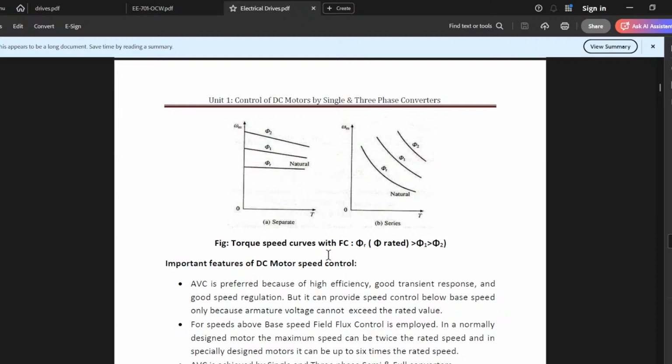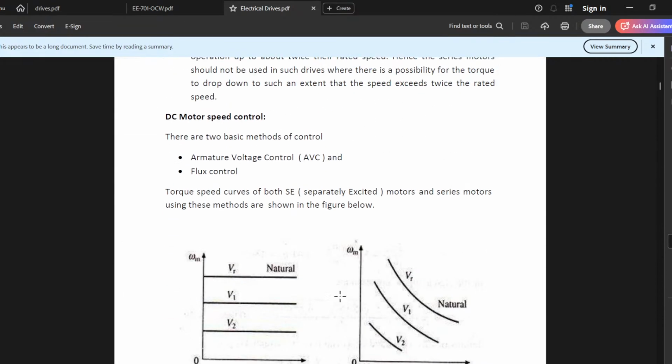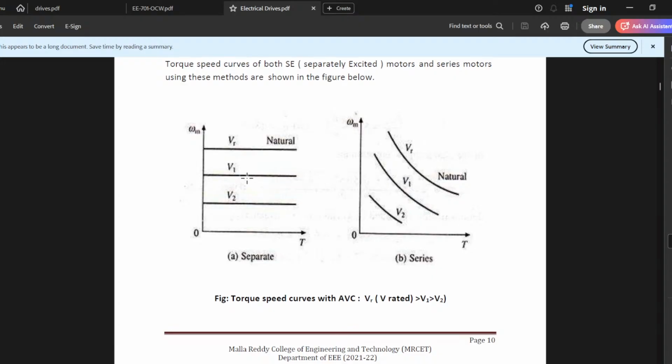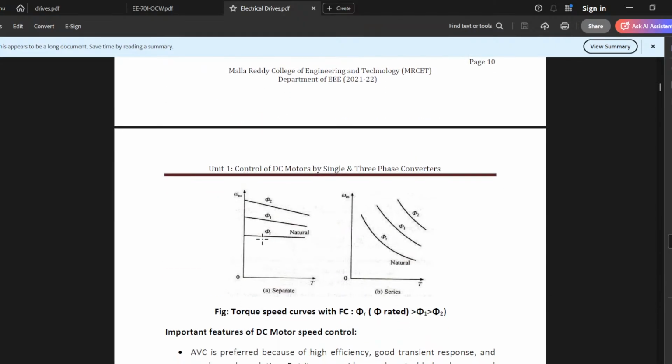Torque speed curves with FC. What do we mean by FC? Flux control. So this was armature voltage control, if you control the input voltage. And here we have flux. So just the opposite.